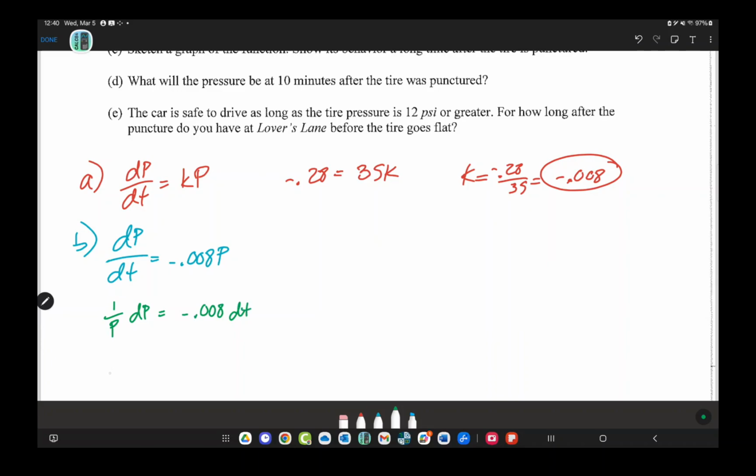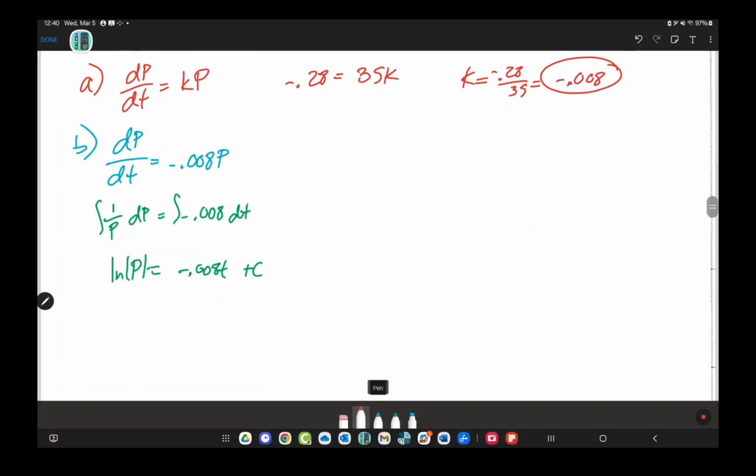When we integrate, natural log of P is equal to negative 0.008t plus C. And again, absolute value P is equal to e to the negative 0.008t plus C, which is e to the negative 0.008t times e to the C, which gives me P is equal to A e to the negative 0.008t.